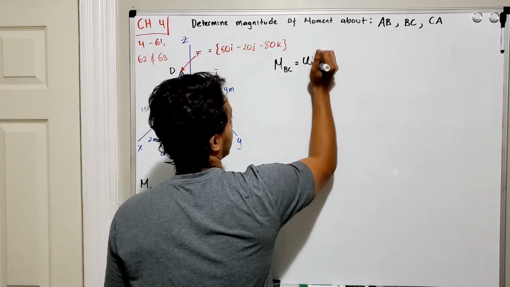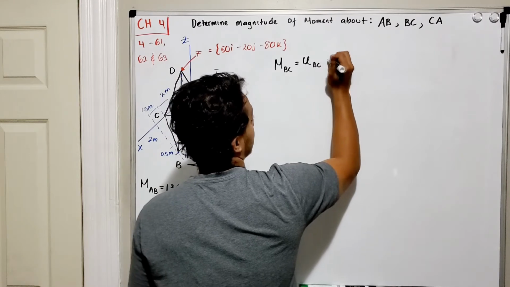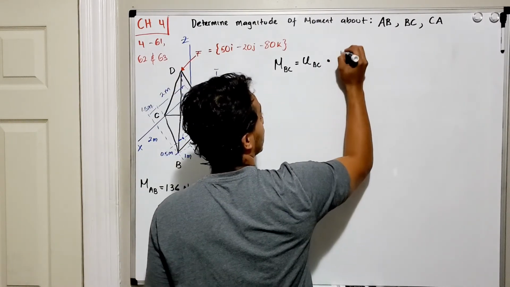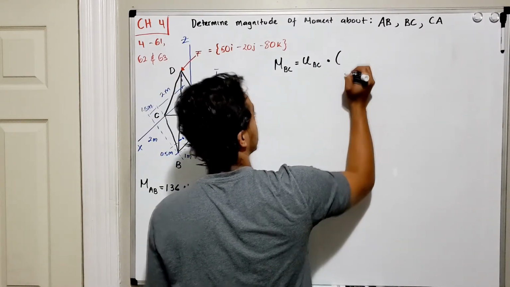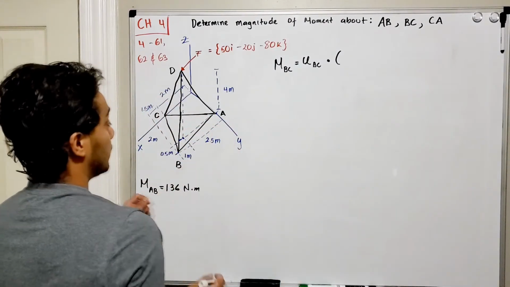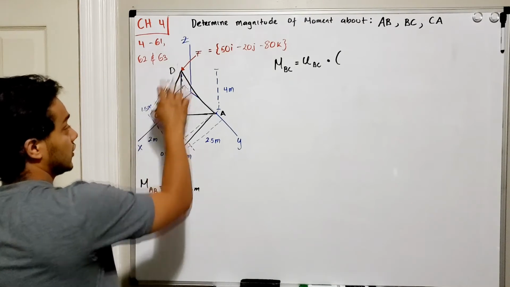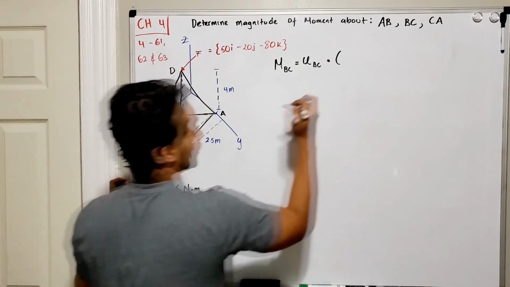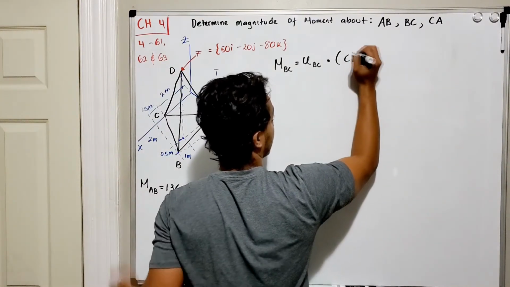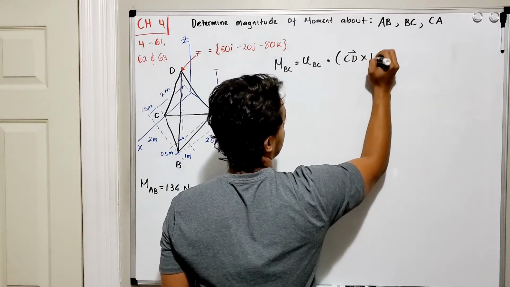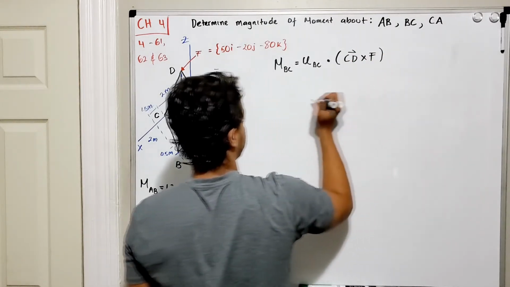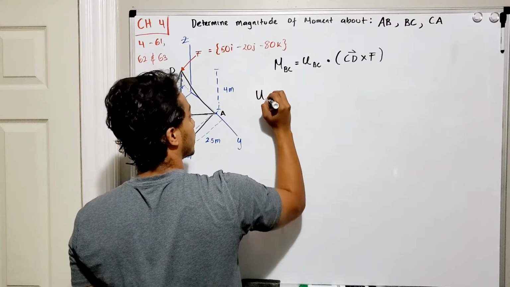So we need to find the unit vector BC, then we need to do the dot product between, and then we need to find a point between the base BC that goes to D. So for example, from C to D, so vector CD, cross product of my force F. Okay, so let's find the unit vector BC.